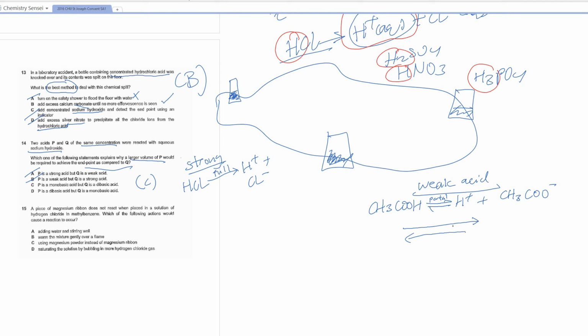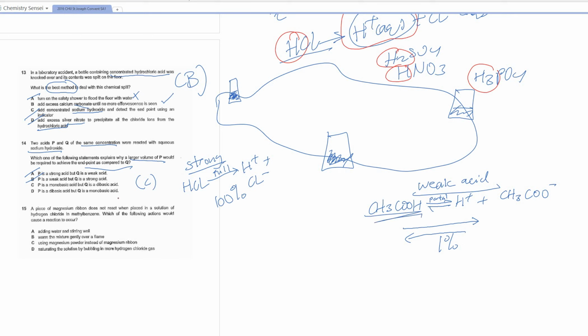That's the meaning of dissociating partially. How slight is this dissociation? It is really very small compared to strong acid. Strong acid has close to 100%, if not 100% dissociation. But for weak acid, the dissociation is very minute. I can't remember the exact amount, but I think it's around 1%, depending on the type of acid.